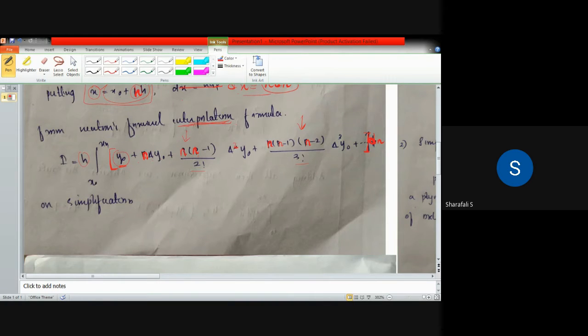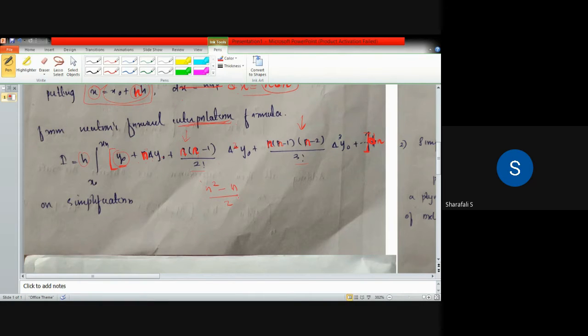Similarly, when you are considering the second term, we will be having n times delta y0, which means if you are integrating this n, then you will get n square by 2 delta y0. Then this one is n square minus n by 2 factorial, that is 2.